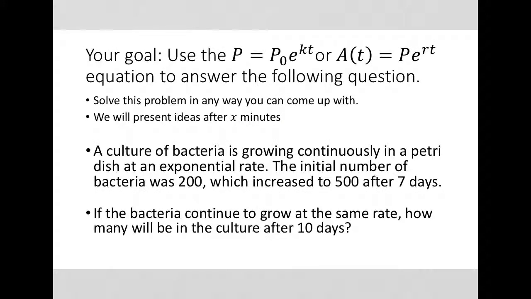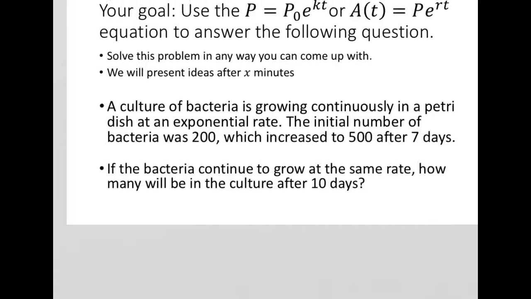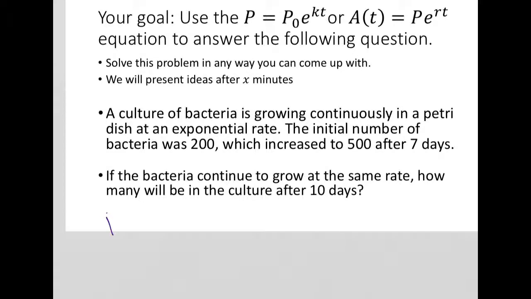And so let's go ahead and look at this first situation. We have a culture of bacteria growing continuously in a petri dish at an exponential rate. The initial number of bacteria, so our P naught there, let's write P naught, our initial population, is 200, and then after 7 days it increased to 500.